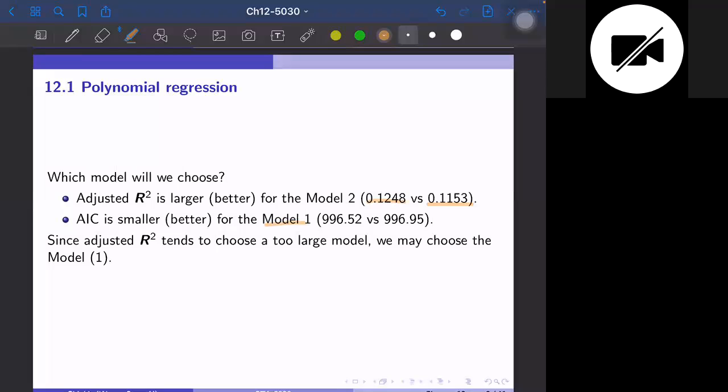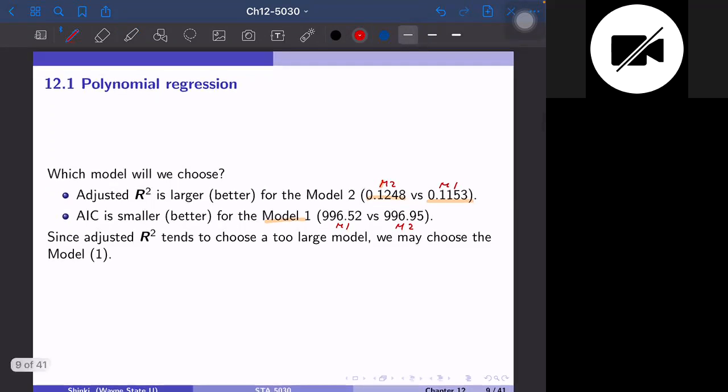Maybe it's a little bit confusing, but this is for model 2, and this is for model 1. And this is for model 1, and this is for model 2. So AIC is better for model 1. So probably the linear term is enough. The temperature is enough, and the temperature square isn't really necessary. That is the conclusion of this analysis.